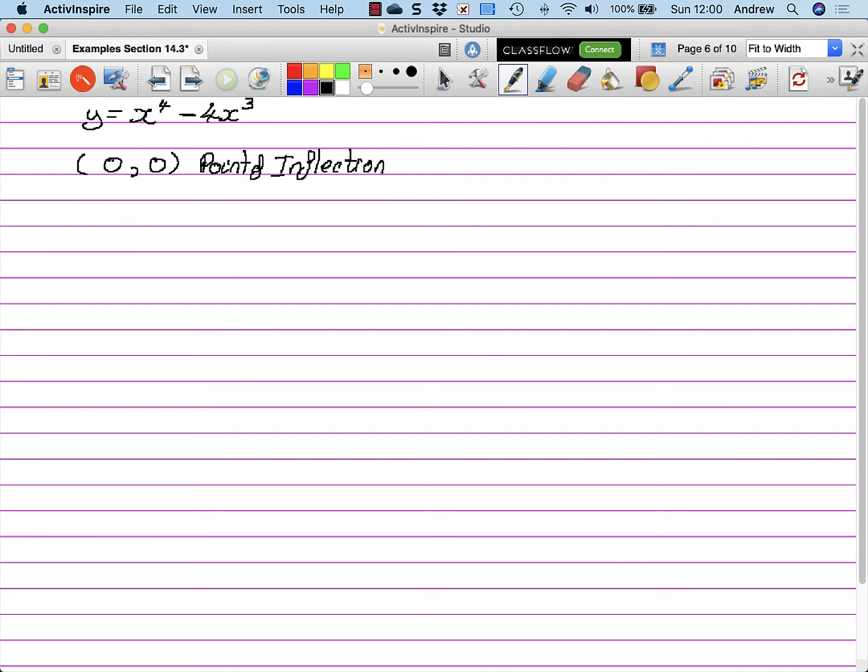Sorry about the mistake earlier on. Or did I make a mistake? No. So we've also got a minimum at 3, minus 27, which is a local minimum.